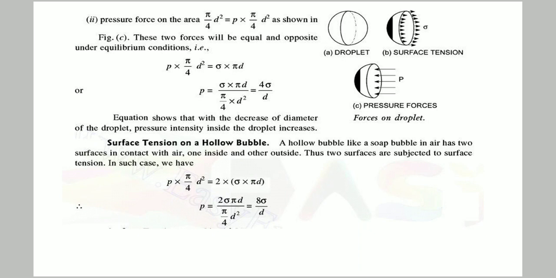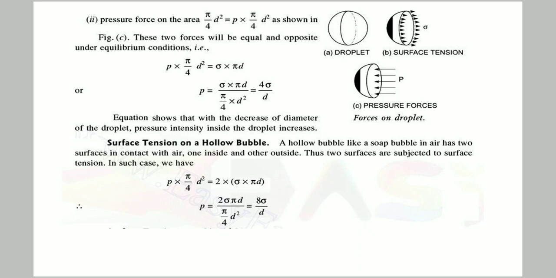Now for a hollow bubble, let us take a soap bubble. It has air on two sides, and it is a thin film. Thus the two surfaces are subjected to surface tension. The top surface exerts a surface tension, and the inside surface also exerts a surface tension.